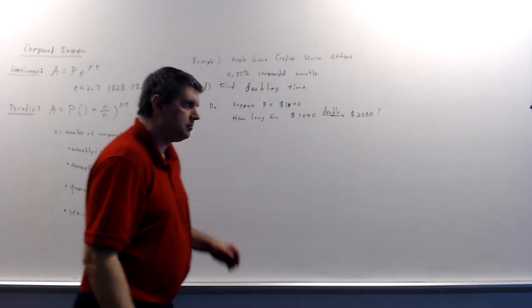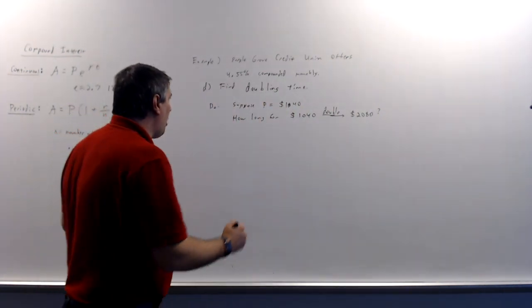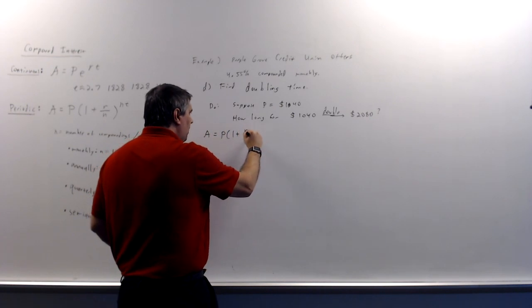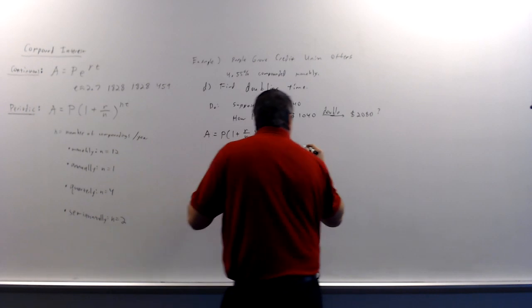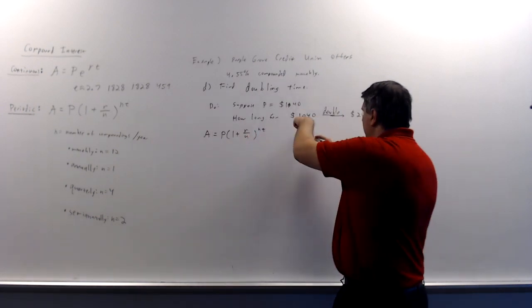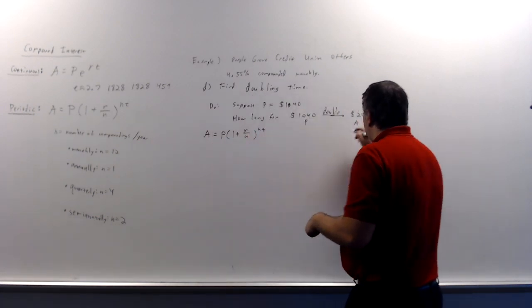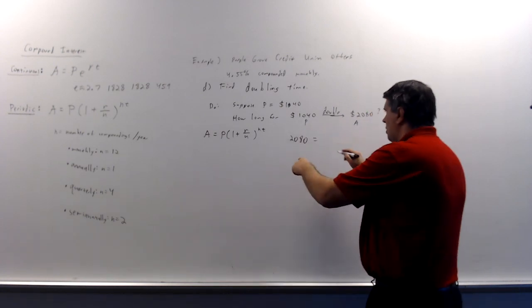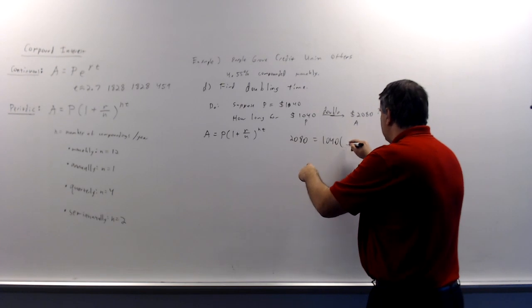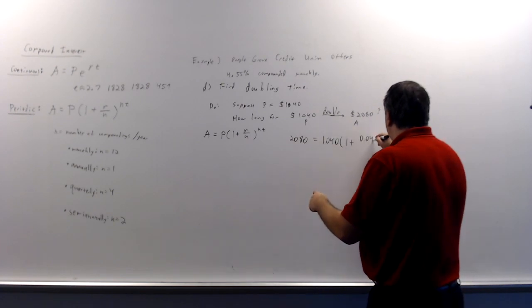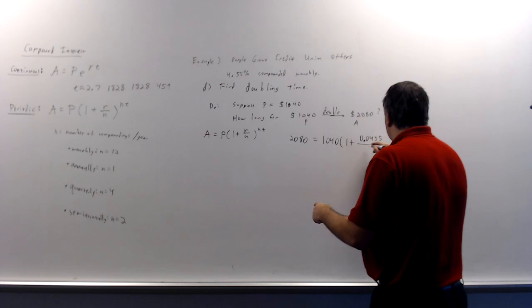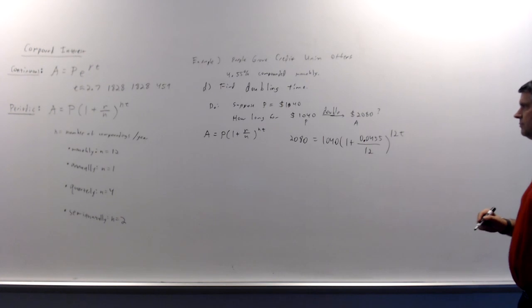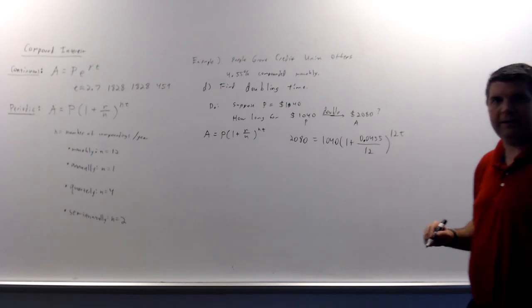That's the question, okay? So I want to know how long it will take if we have A equals P times 1 plus R over N to the nth power. How long would it be for A, 2080, to equal 1,040 times 1 plus 0.0455 over 12 to 12t power. Okay?